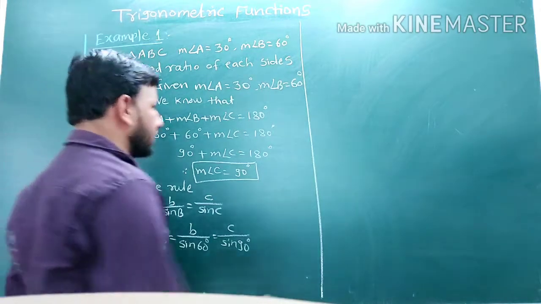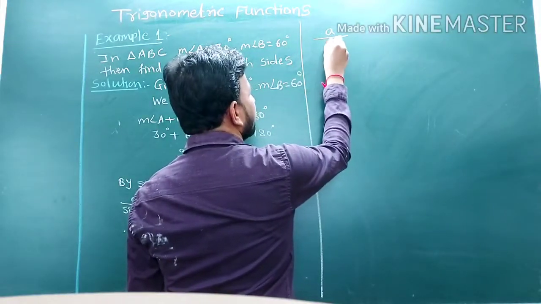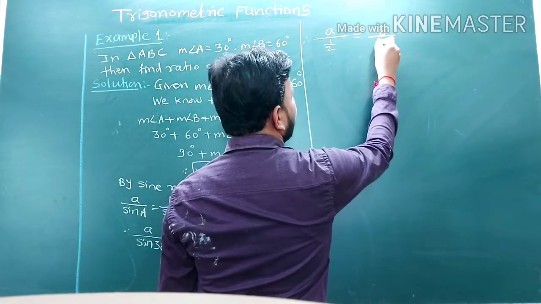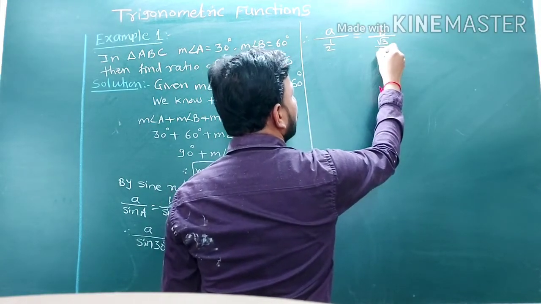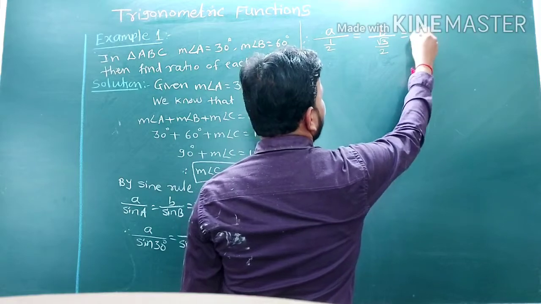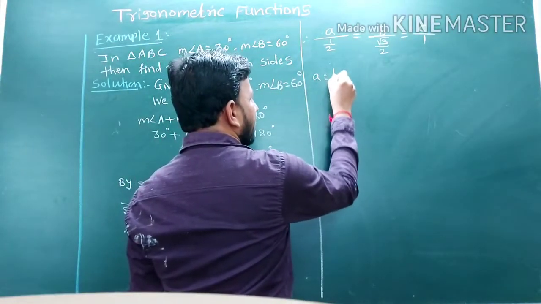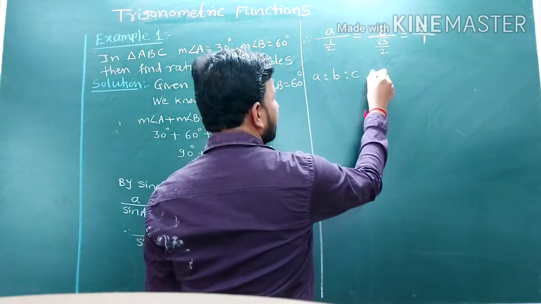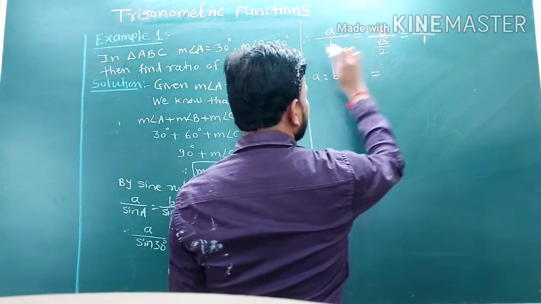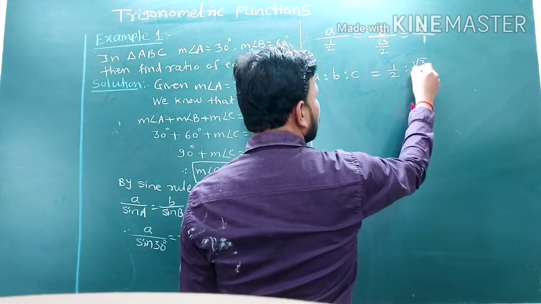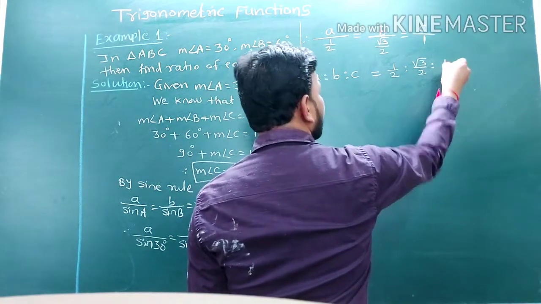Let us put these values. a divided by half is equal to b divided by root 3 by 2 is equal to c divided by 1. Therefore, the ratio of sides a is to b is to c is 1 upon 2 is to root 3 by 2 is to 1.